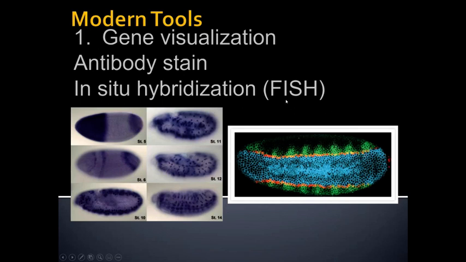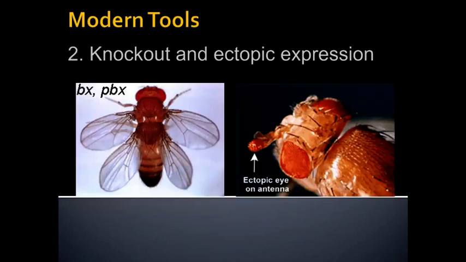And so a FISH, rather than targeting the protein product of a gene, targets the mRNA transcript. But they're both looking at gene expression, just slightly different steps in the gene expression process. Okay, so just be aware of both of those, that both an antibody stain and an in situ hybridization are ways that we can look at gene expression.